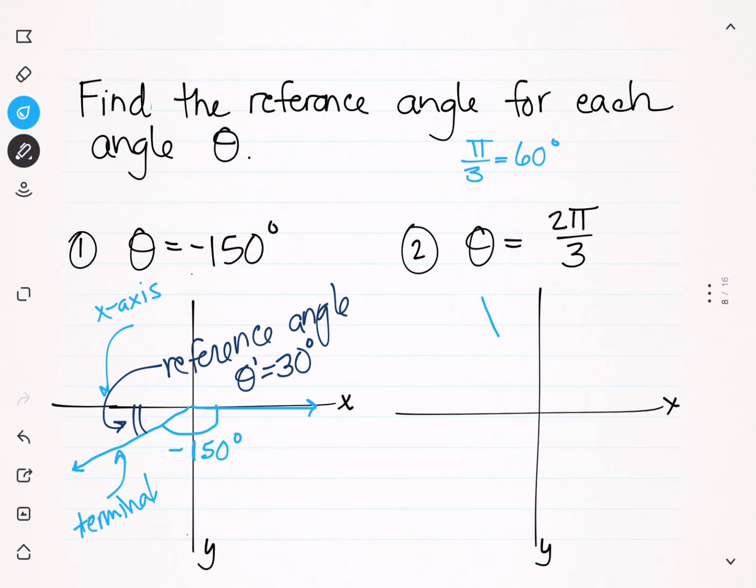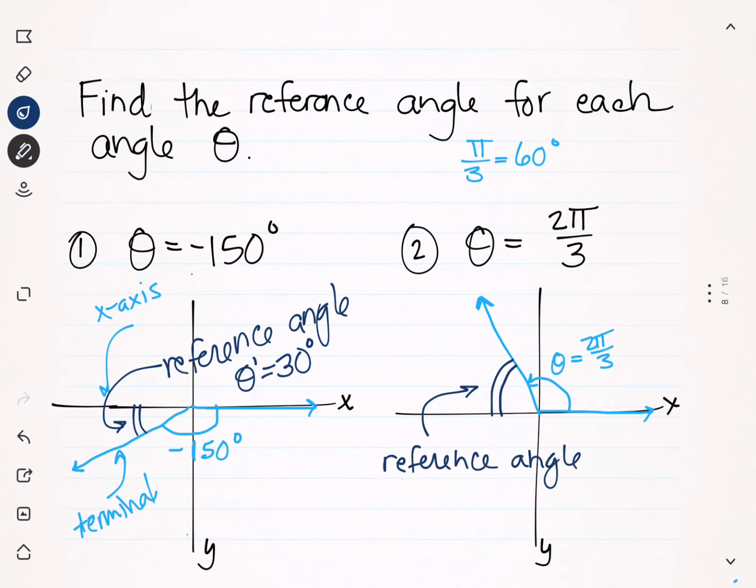So that's going to put us in quadrant number 2. Okay? So here's my angle theta. Theta equals 2 pi over 3 radians. Okay, that's my terminal side in quadrant 2. I want the angle that is formed by the terminal side and the x-axis. So that is my reference angle right there.